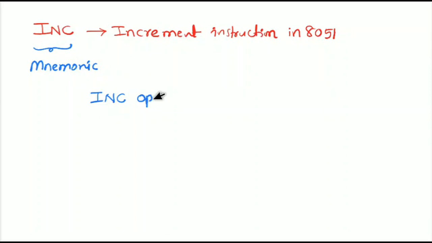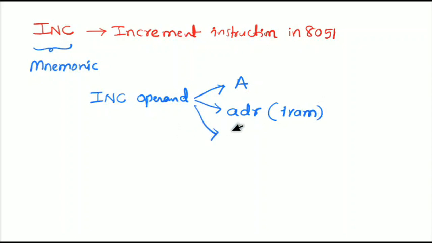So here you need to mention an operand, and this operand might be the accumulator, so that means you can increment the accumulator content, or you can take any direct address within the internal RAM, or it can be any register R0 to R7 of the selected bank, or it can be register indirect.